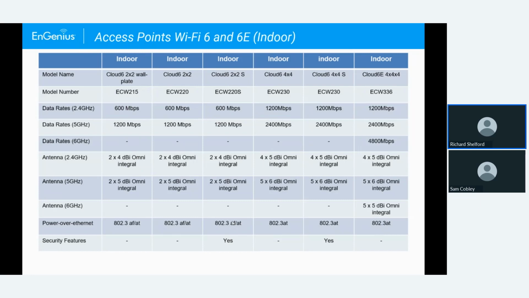You can see those because they'll have an S at the end of their name. In fact, I should have put the S on this one here. But basically, this is an ECW 230 with an additional third radio, which is a purely security radio. Now that security radio, although we're saying it's security features, can also be used for other capabilities.